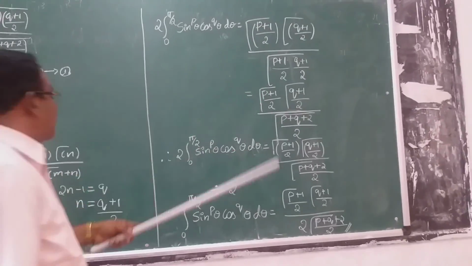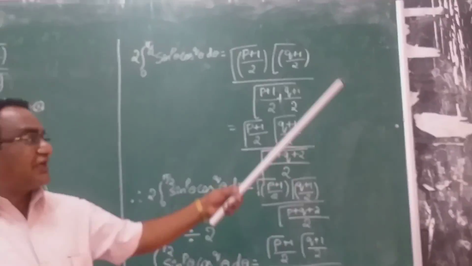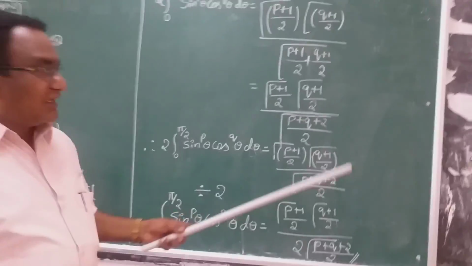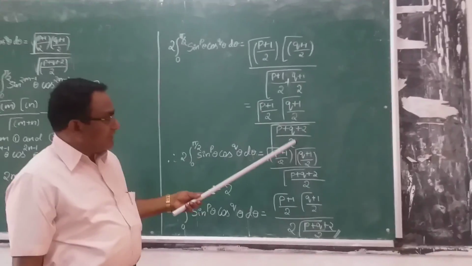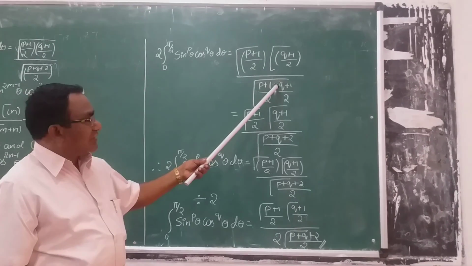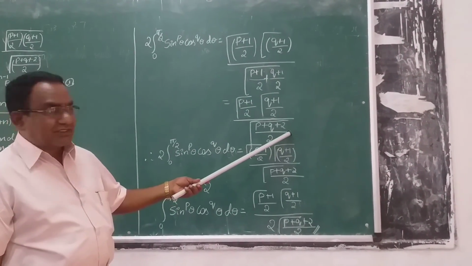m plus n means (p plus 1) divided by 2 plus (q plus 1) divided by 2. You write the numerator as it is and you just see the denominator. Take the LCM here. 2 is the LCM. If I add them, p plus 1 plus q plus 1 means p plus q plus 2 we get.